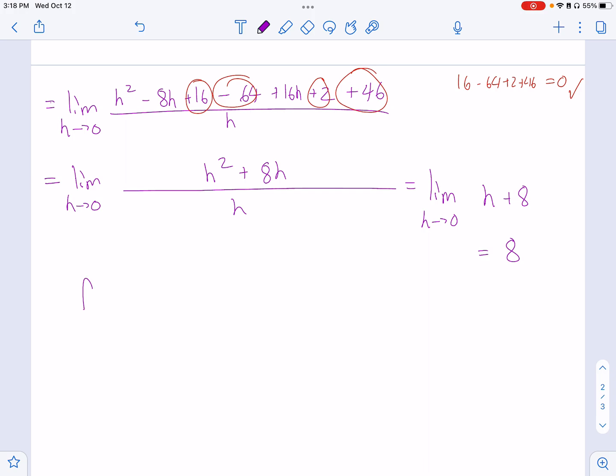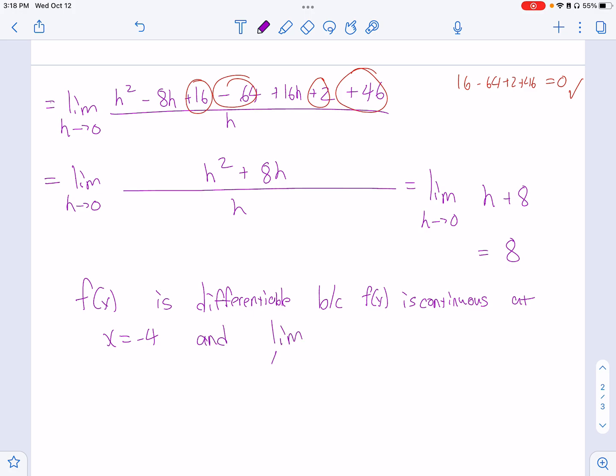So f of x is differentiable because it's continuous, f of x is continuous at x equals -4, and the limit as x goes to -4 from the left of its derivative is equal to the limit as x goes to -4 from the right of its derivative.